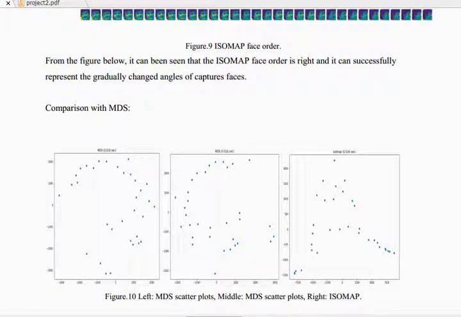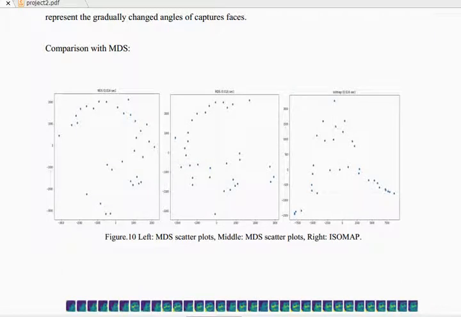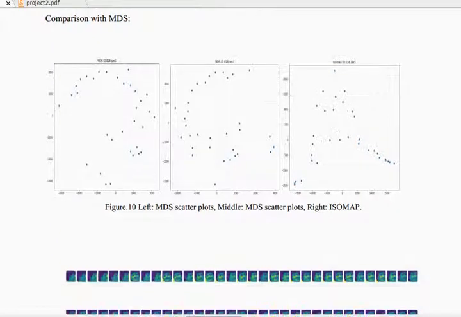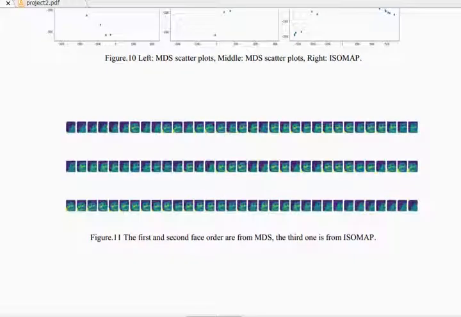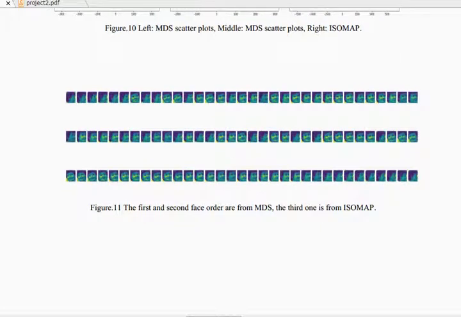We make a comparison with MDS. You can see the first two graphs are the scatter plots of MDS, and the third one is the ISO map. These two are the face orders calculated by MDS, and this one is the result of ISO map.